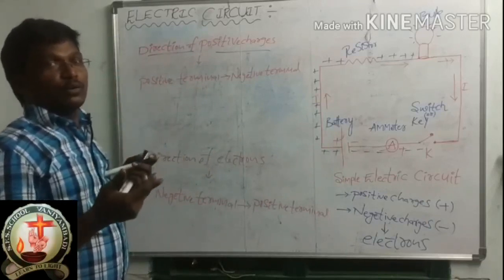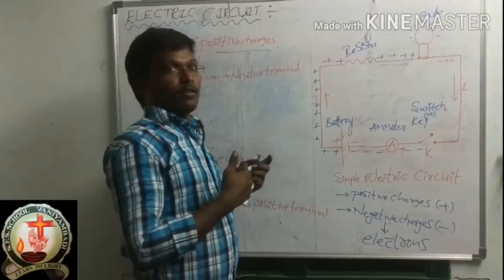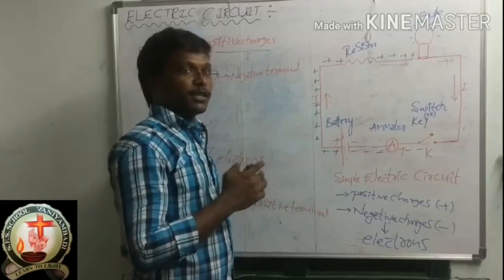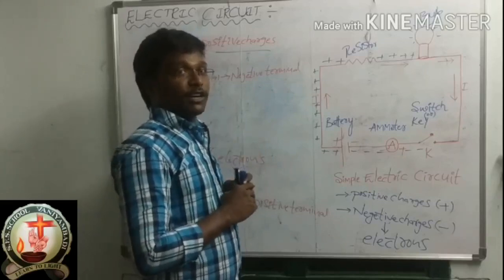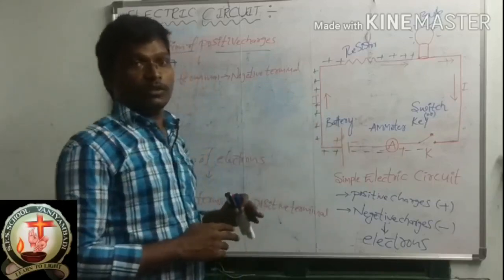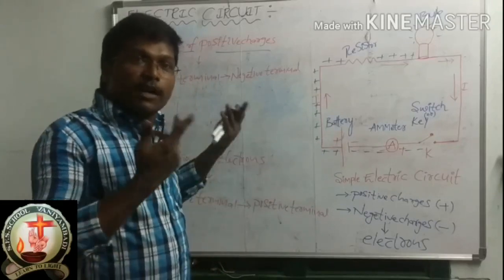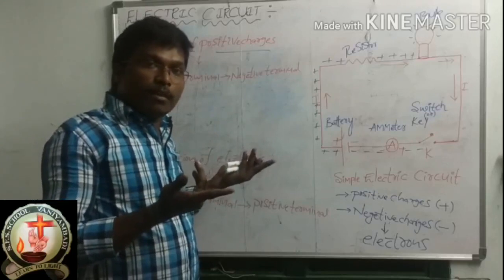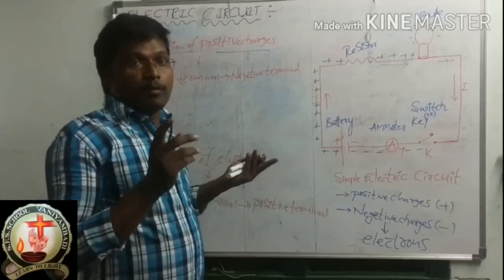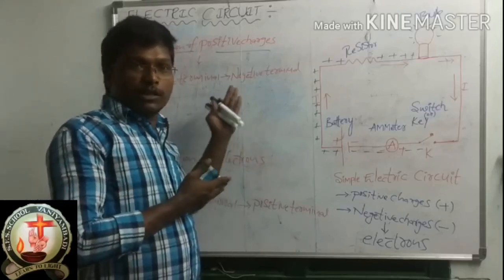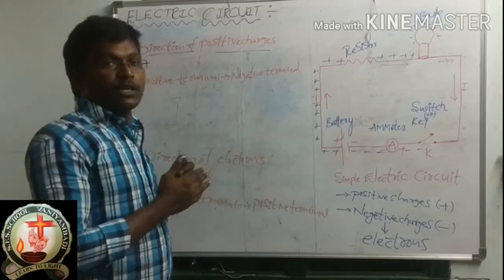Actually, I will explain one important point. We have to find the direction of current, correct? In this simple electrical circuit, we have to find the direction of the current. But I told you the direction of the positive charges and the direction of the negative charges.